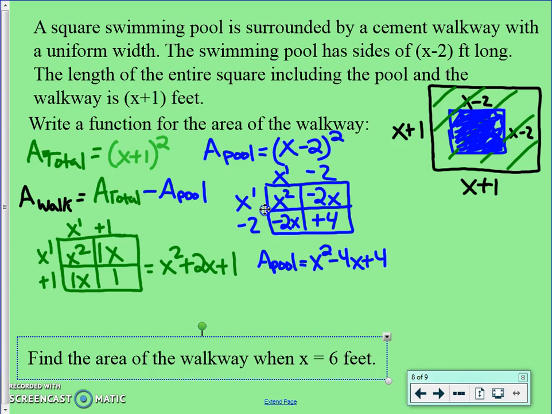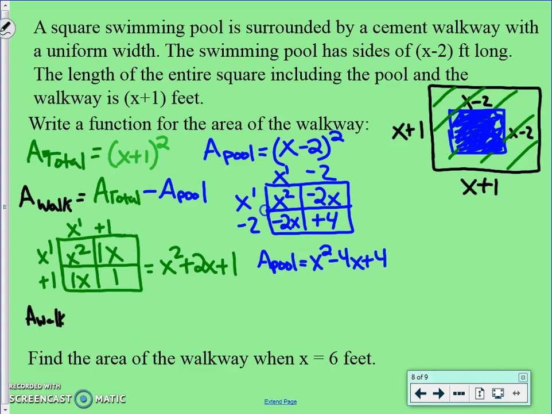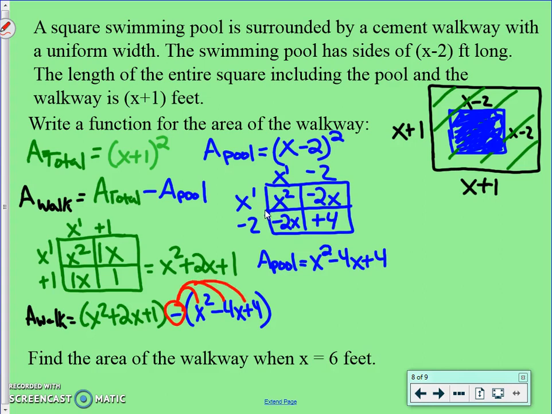In order to continue this, the area of the walkway then is just the quantity of x squared plus 2x plus 1, that's the total area, minus the area of the pool, which is x squared minus 4x plus 4. In order to do this problem, this is a subtraction of polynomials. We're going to take our negative sign out front here and distribute it to each term in that second polynomial.